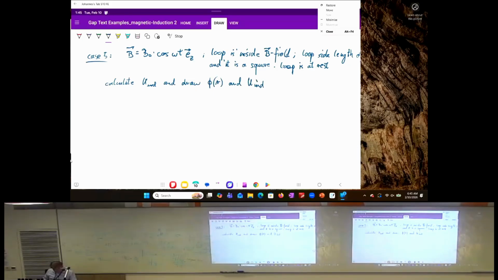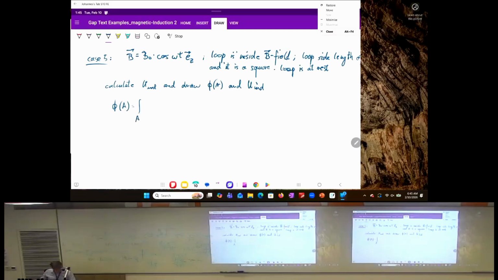Phi of A is obtained by integrating the B field over the area of the loop, and the induced voltage is the negative time derivative of the flux.